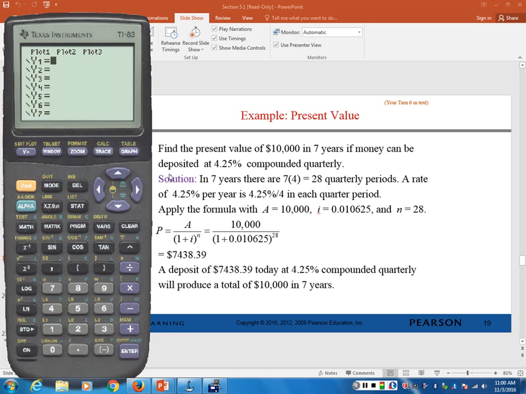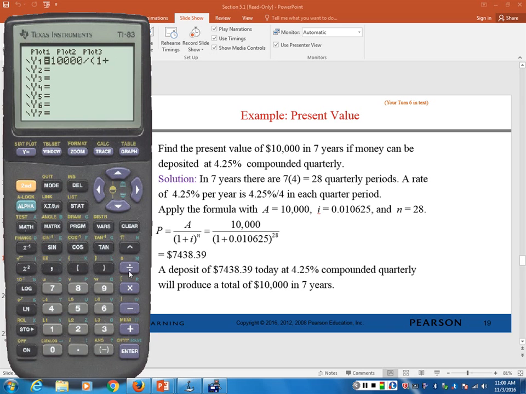So we're going to put in, find the present value of $10,000, so that's A. And we're going to divide A by 1 plus the interest rate.